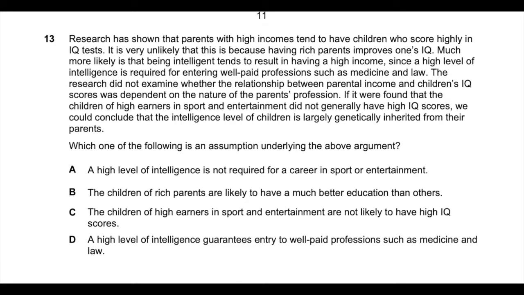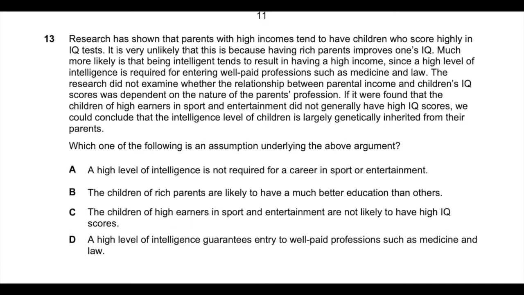Question 13. Research has shown that parents with high incomes tend to have children who score highly in IQ tests. It is very unlikely that this is because having rich parents improves one's IQ. Much more likely is that being intelligent tends to result in having a high income, since a high level of intelligence is required for entering well-paid professions such as medicine and law.